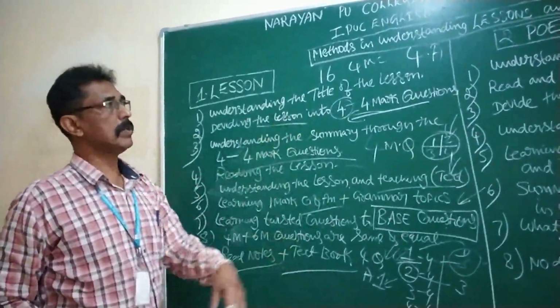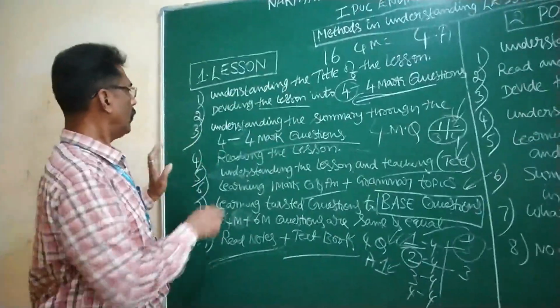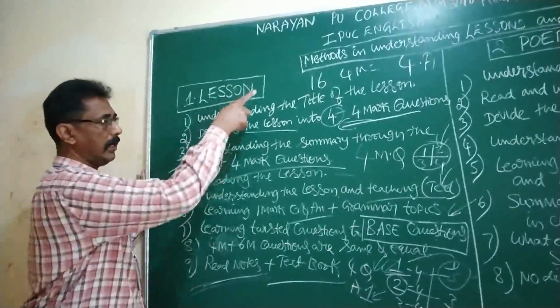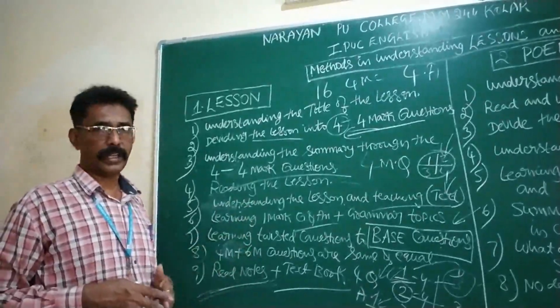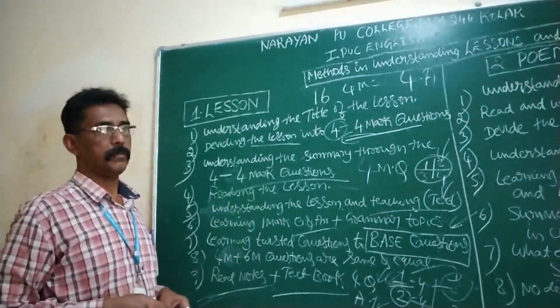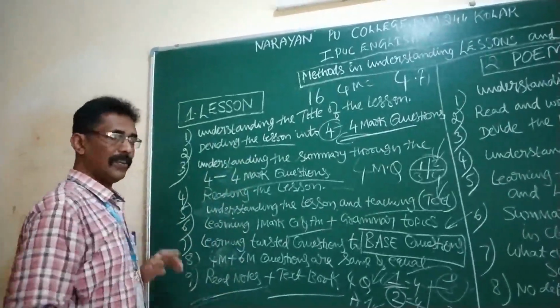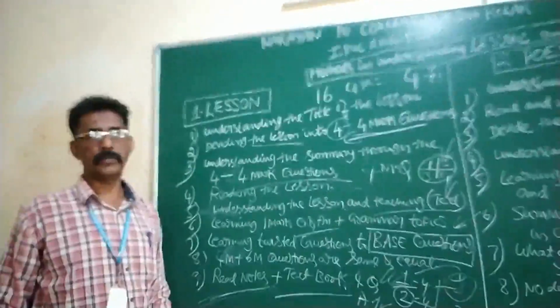Later, I will switch over to the poem category. Please note down 1, 2, 3, 4, 5, 6, 7, 8, 9. There are 9 points. Note it down on the lesson side and I will proceed with the poem side. We will focus our lens on these 9 points. Note it down very soon. We will switch over to the poem side now.